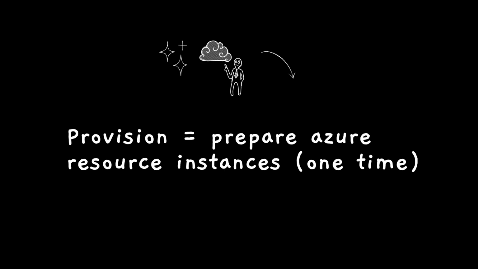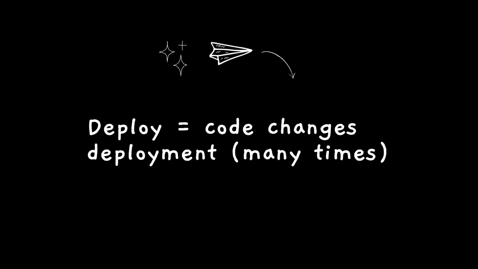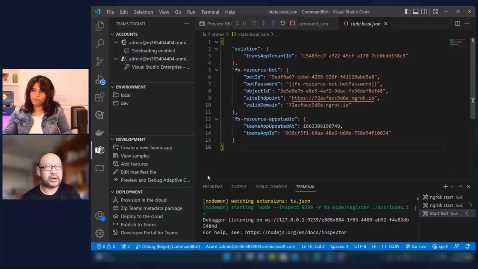So you prepare the cloud environment with all the instances provisioned and ready to be deployed. Then the deploy can happen as many times as you wish. Whenever you make a code change, you can just copy your finished app code to the provisioned cloud instances like a web app service or the Azure Cloud service. So this one is meant to be run multiple times.